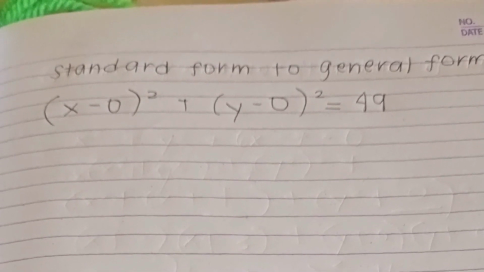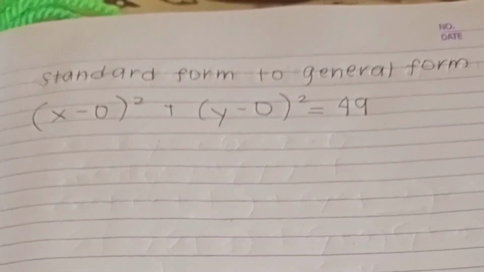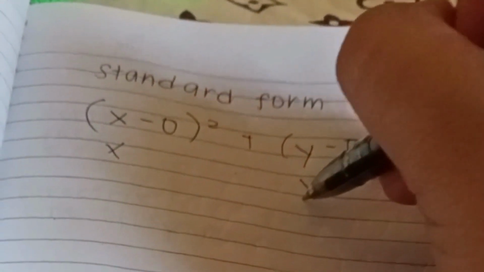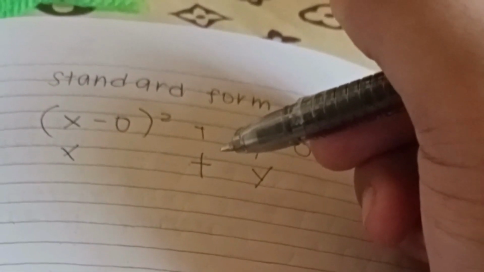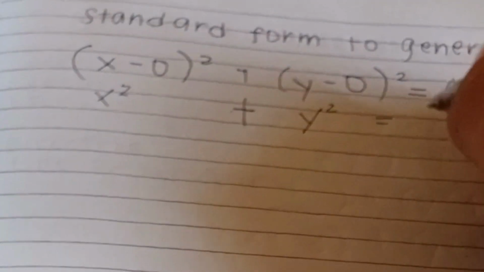We will transform standard form to general form. x minus 0 squared plus y minus 0 squared equals 49. Square the first term, then multiply the first and last term. So we will have 0 equals 49.